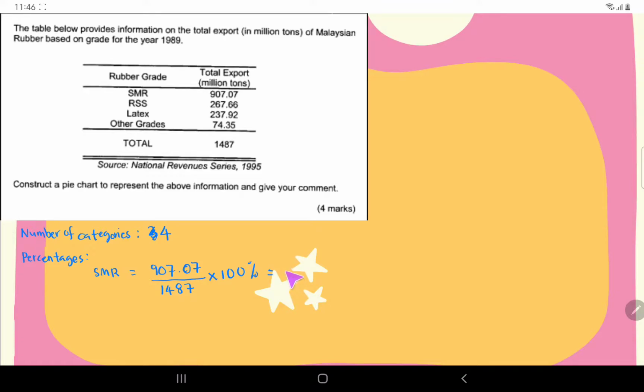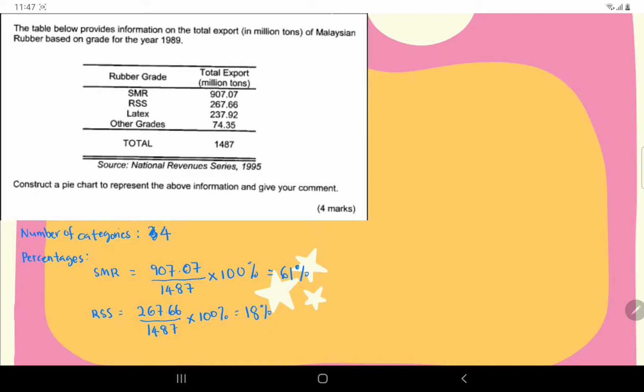So it is equal to 61%. And then for RSS, 267.66 divided by 1487 times 100%, so it is equal to 18%.